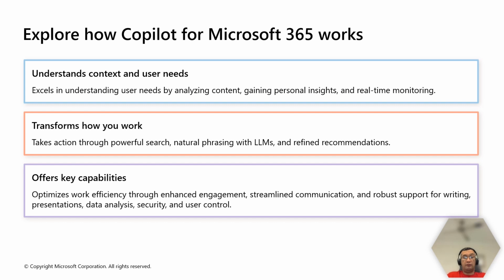The way that we are going to work is absolutely getting transformed. If we call it a revolution, it's something that is already happening. So the actions are taken by some sort of powerful search and also natural phrasing like an LLM and refined recommendations that we will have.